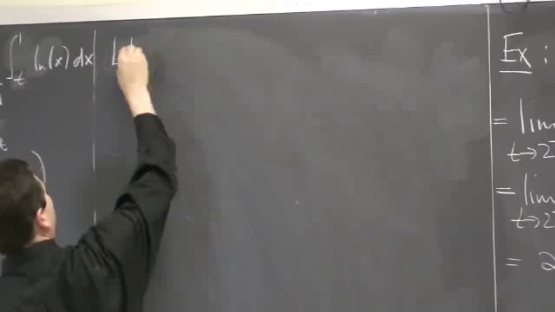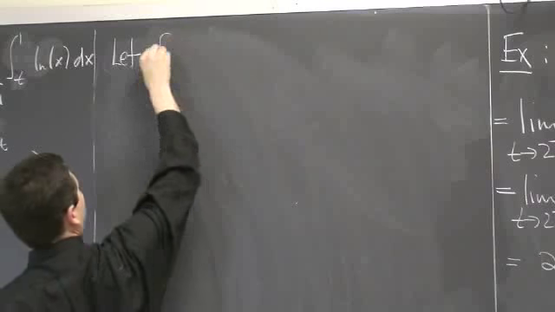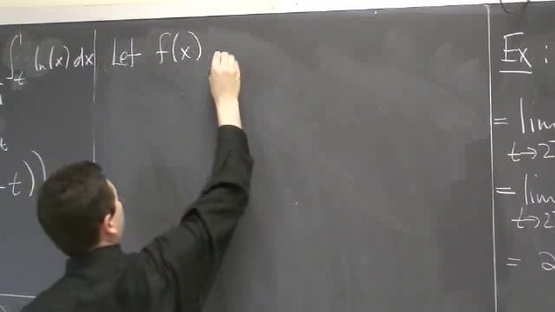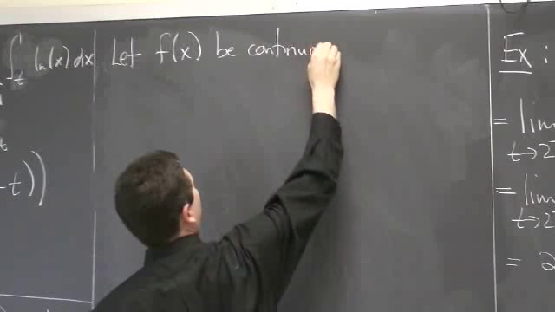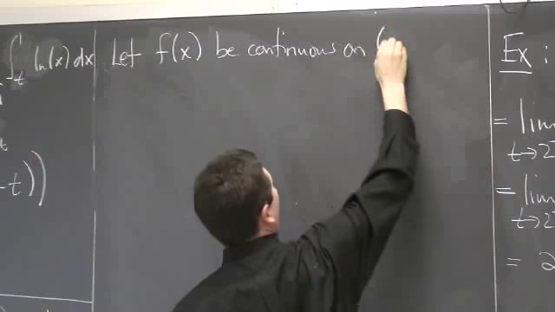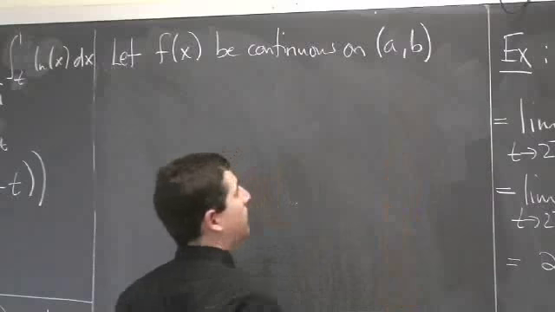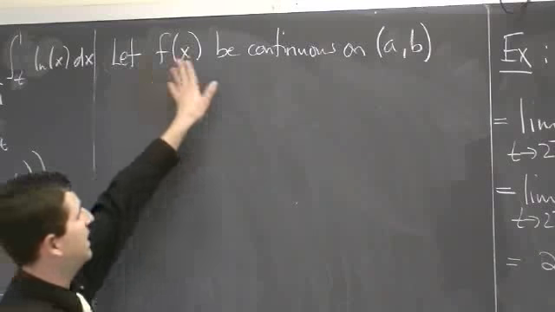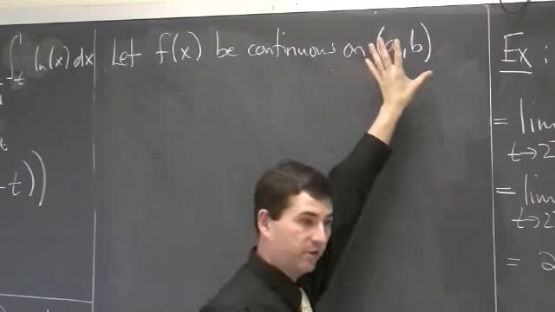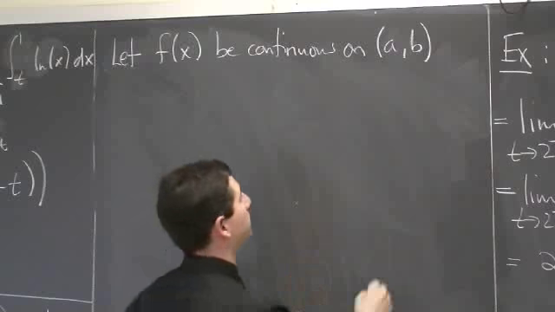Okay, so let's let f of x be continuous on the open interval (a, b). Now, I'm not going to give you the most general definition of a generalized antiderivative, but this will be good enough for our purposes. So let's let f of x be continuous, but not on the closed interval, just on the open interval.